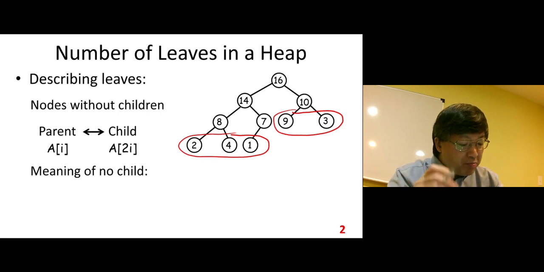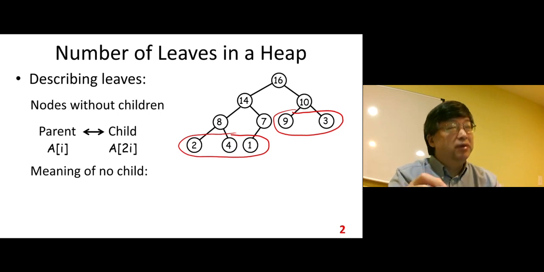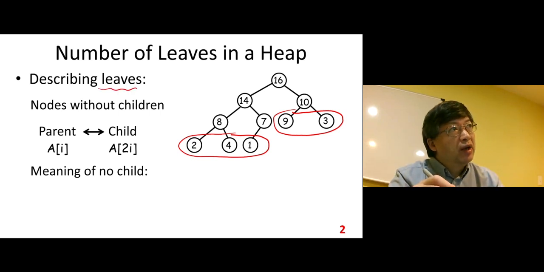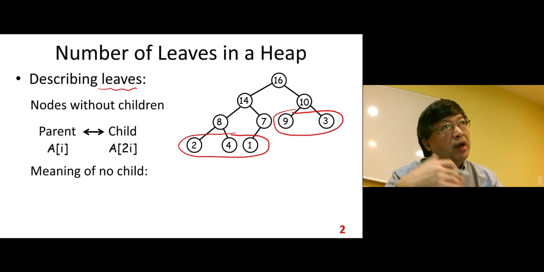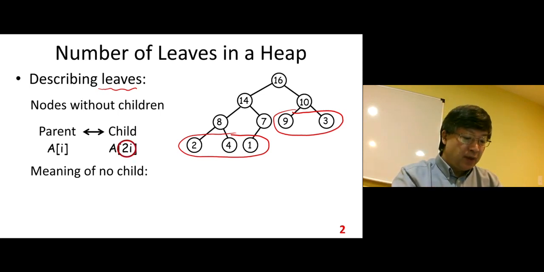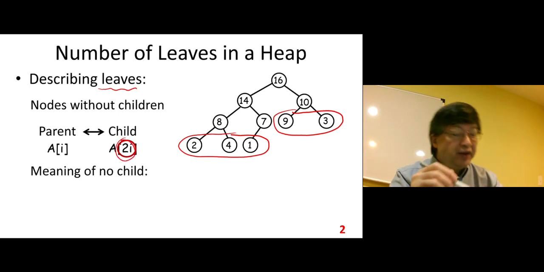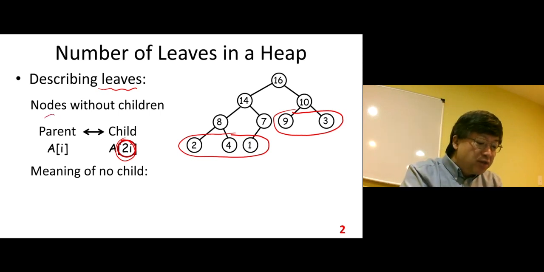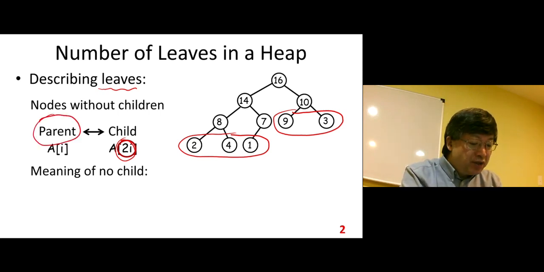Now, what is the meaning of no child? Because for a leaf, there is no child. What's the meaning in formula? Can we use a formula to represent it? That's what we need. So if no child, let's look at the index 2i here.